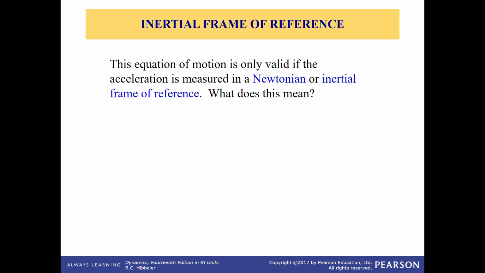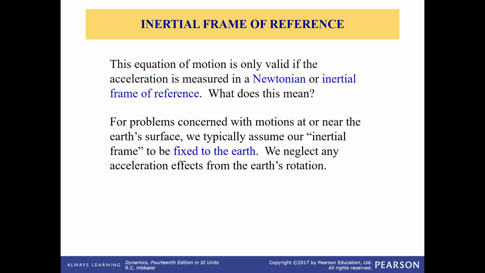Okay, inertial frame of reference. This equation of motion is valid if the acceleration is measured in a Newtonian or inertial frame of reference. But what does this mean? For problems concerned with motion at or near the Earth's surface, we typically assume our inertial frame to be fixed to the Earth.